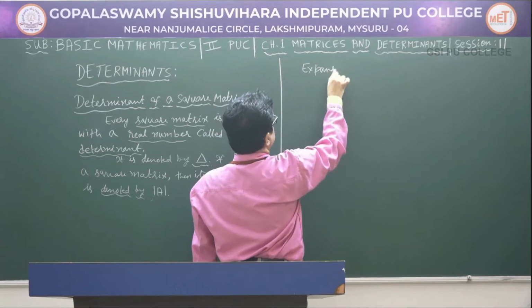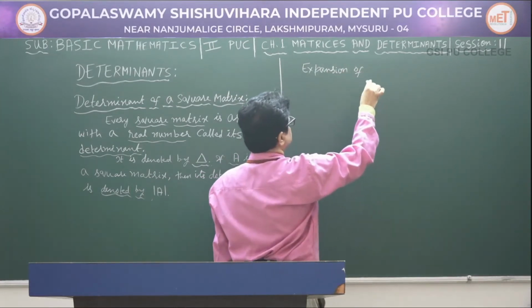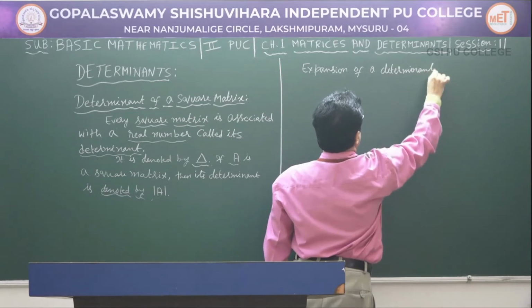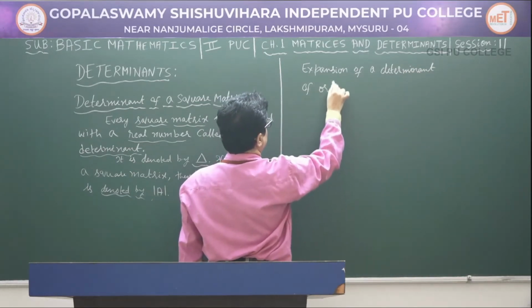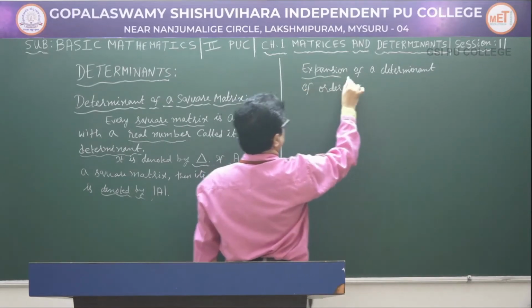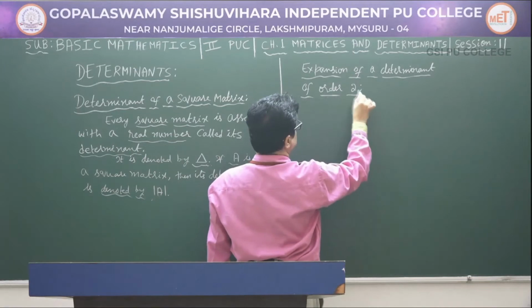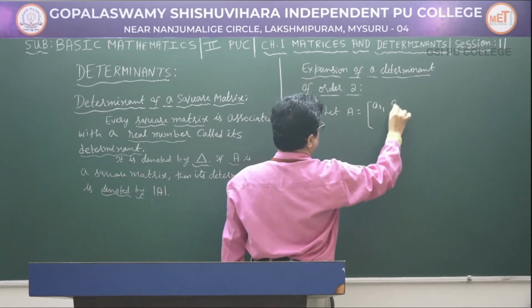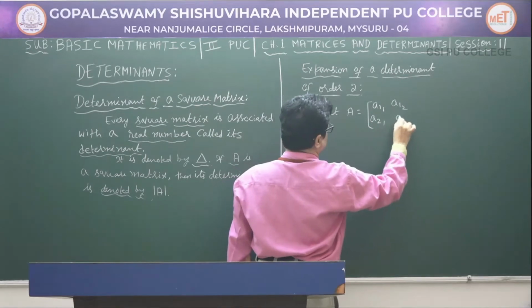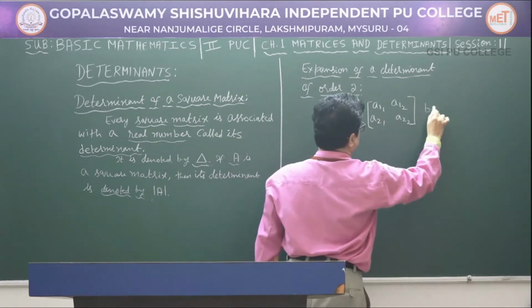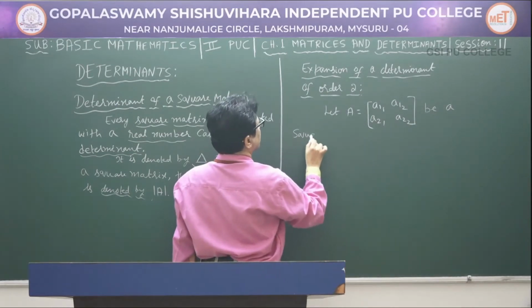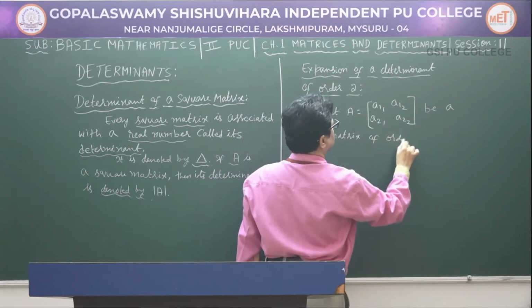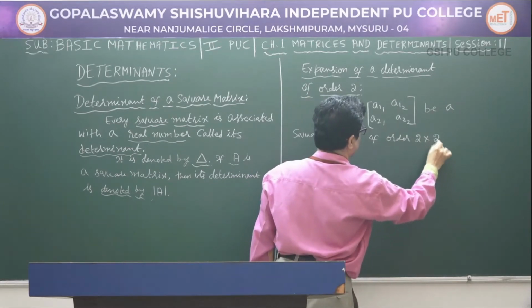Expansion of a determinant of order 2. Let A equals A11, A12, A21, A22 be a square matrix of order 2 into 2.